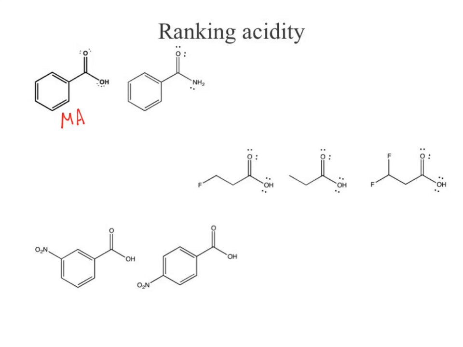So let's throw it in, make it even further. Which one of these is more acidic? Why? Try it a different way. Which one's more basic? Oh, there we go.